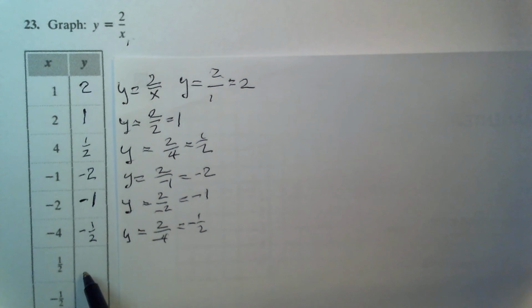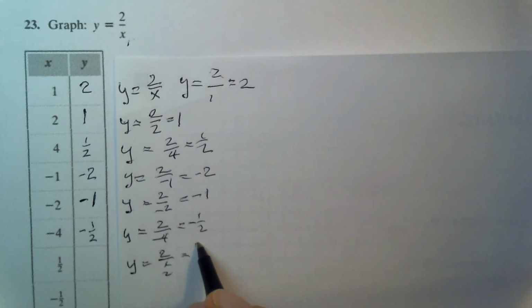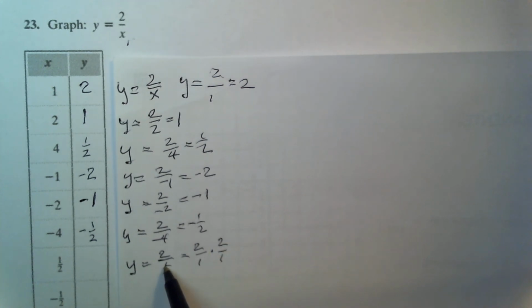Now, when x equals 1/2, then y equals 2 divided by 1/2, and that's equal to 2 divided by 1 times 2 divided by 1, the reciprocal multiplied by the reciprocal, so it's equal to 4.